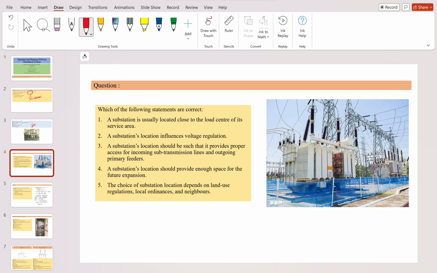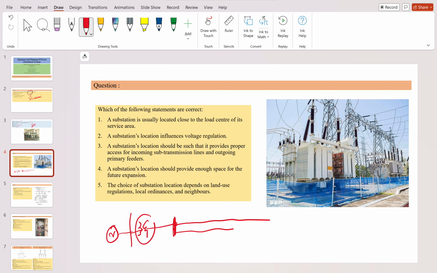So here, a substation is usually located close to the load center of its service area. That is because if you have a shorter distance, the losses will be minimized. Suppose you have a substation where you have a distribution transformer and there are distribution feeders. So the closer the substation is to the load center, the lower the losses.